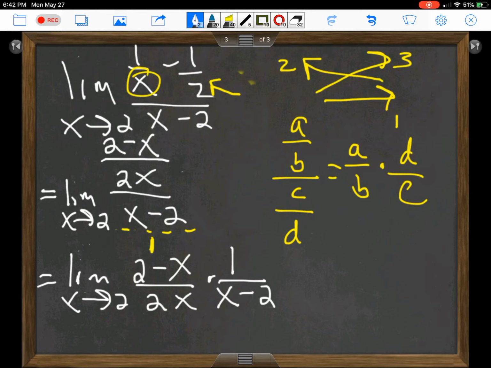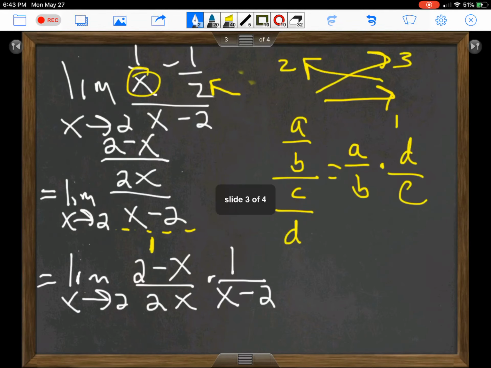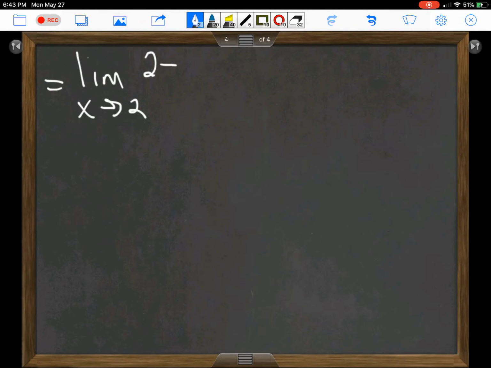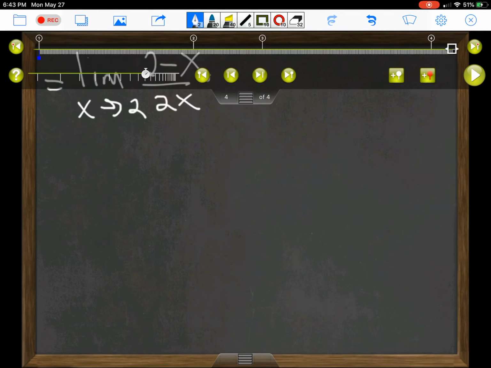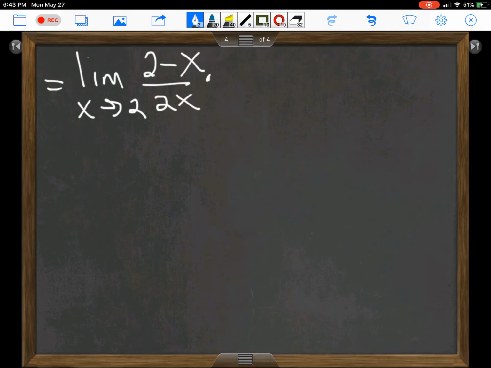Okay? So equals the limit as x approaches 2. We're going to write 2 minus x over 2x times 1 over x minus 2.